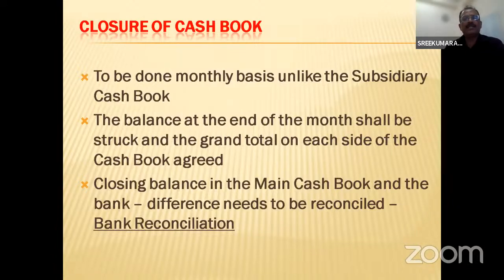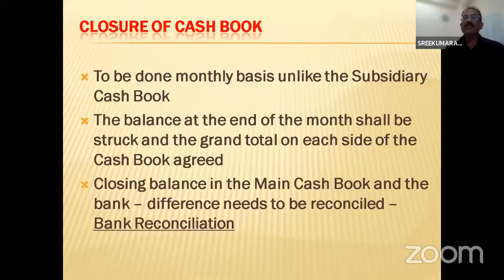Closing balance in the main cash book and the bank. Now we discuss the difference in the closing balance which we have written in the cash book and which is also available with the bank. In the normal course, the closing balance has to be the same.